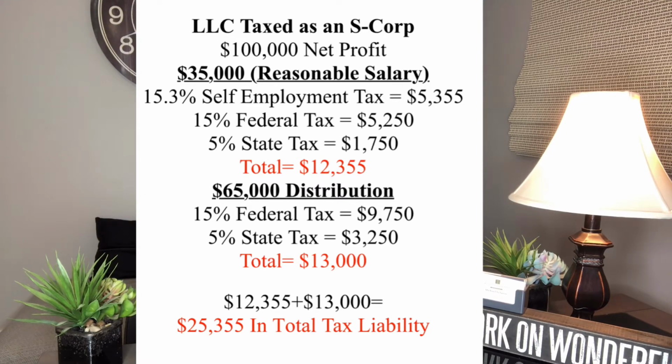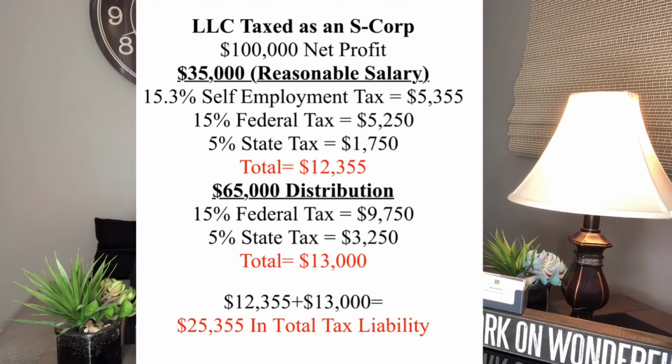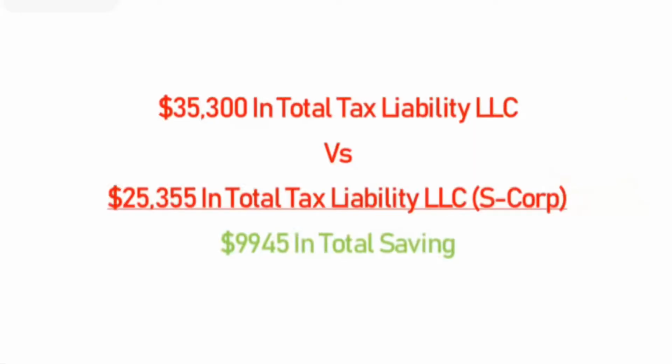So you'll pay the self-employment tax of 15.3% on top of your state and federal taxes on your $35,000 salary. Then the IRS allows us to take a dividend or distribution on the other $65,000. That $65,000 is not required to have the additional 15.3%. So you'll pay your regular state and federal taxes on that $65,000.